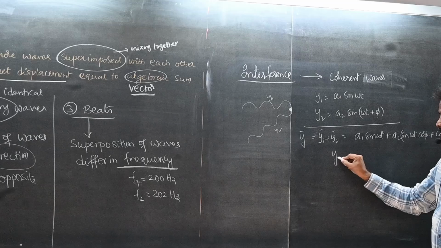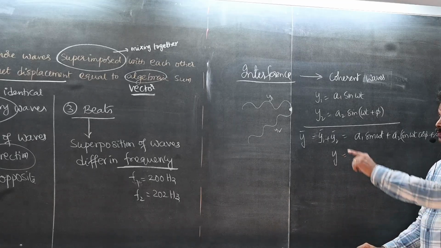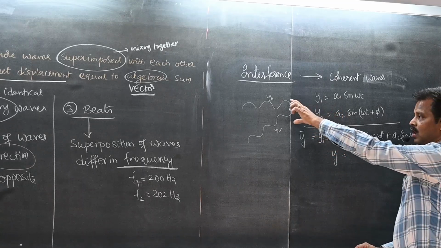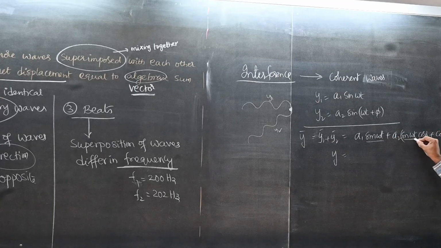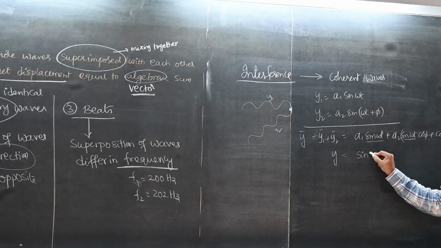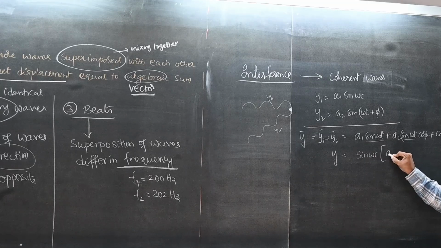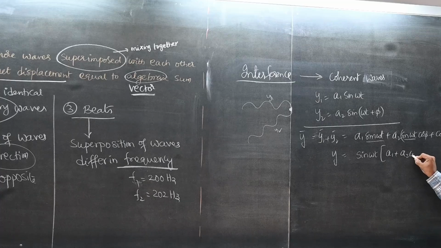So what is the resultant displacement of that particle under the action of two different waves? What is common here? Can I take sin omega t common? Sin omega t common, a1 plus a2 cos phi, plus cos omega t a2 sin phi.